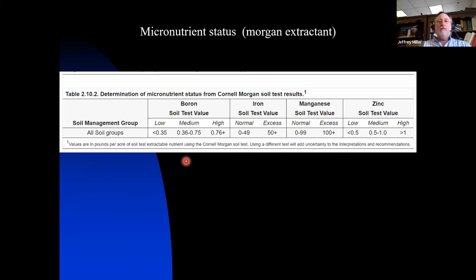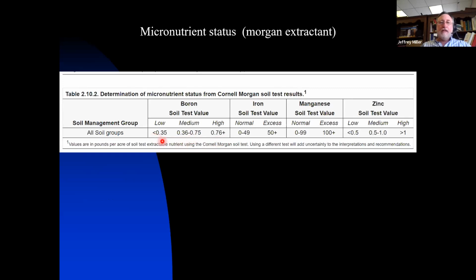So back to the Cornell guide, and this is taken right out of it, looking at some of the micronutrients and sufficiency levels, and again, this is that Morgan extraction. You can look at boron levels that are slightly below 1 as being adequate for production.